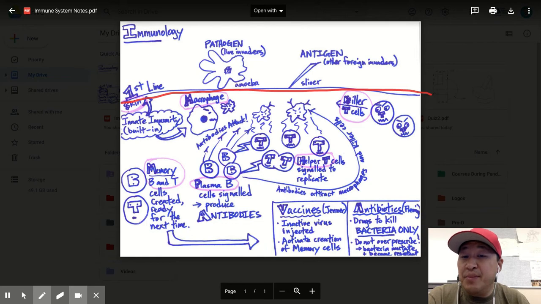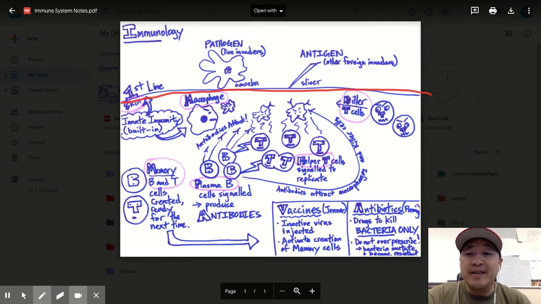Even babies have innate immunity because they have skin and they have macrophages at the very least. And the rest of this doesn't fully develop until later on. But everybody's got innate immunity. It's built in. So the skin and macrophages we call innate.